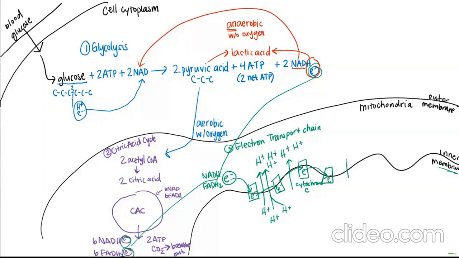At the very end of the chain is this special protein called ATP synthase. And based on the name, synthase means to make, this protein at the end of the chain is going to make ATP. How it gets the energy is these protons come and they actually go through ATP synthase. And when they go through ATP synthase, they release energy. It's almost like water going through a dam.